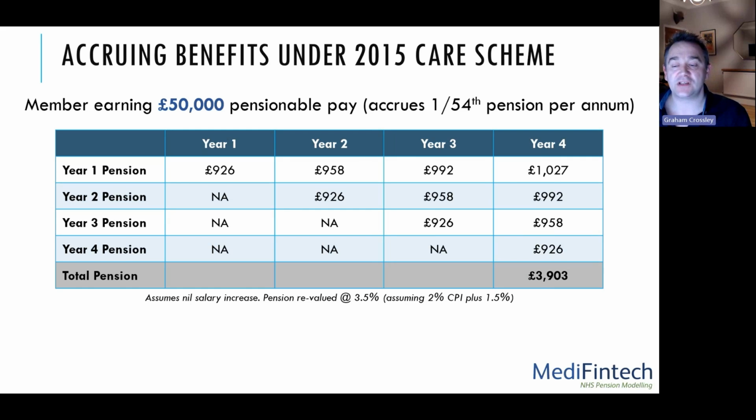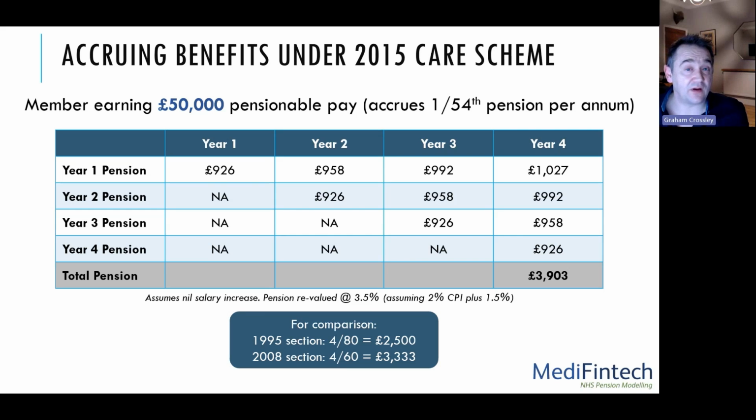Fast forward 4 years, you've now built up an entitlement of £3,903. If you compare that to the 95 section, well, that would be 4 years, 2,500. Under the 08 section, 3,333. So each of these schemes accrues pension at different rates.